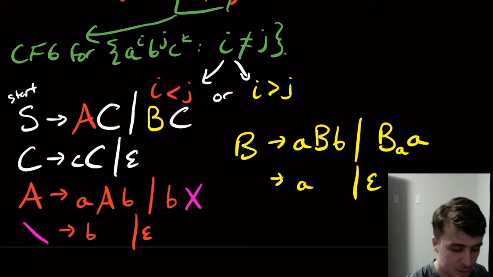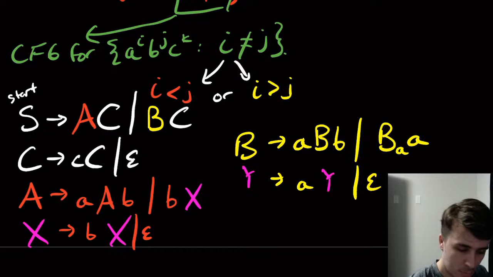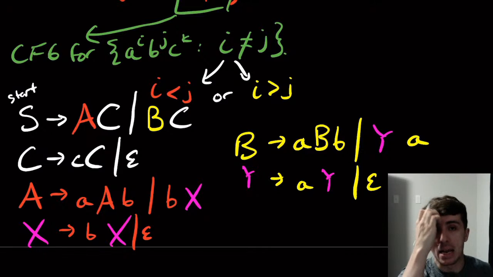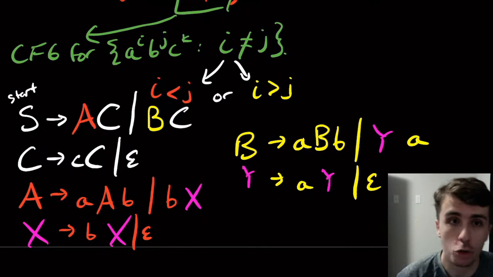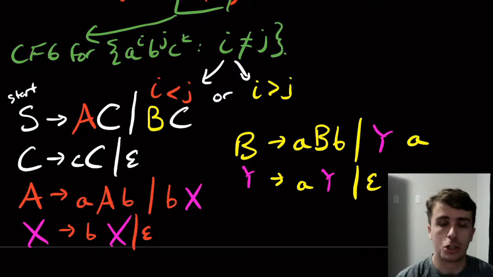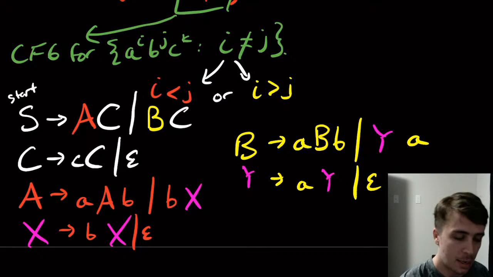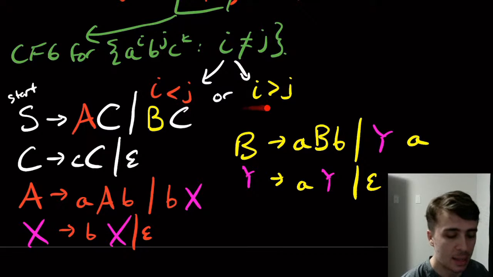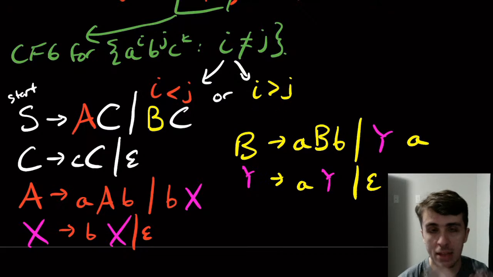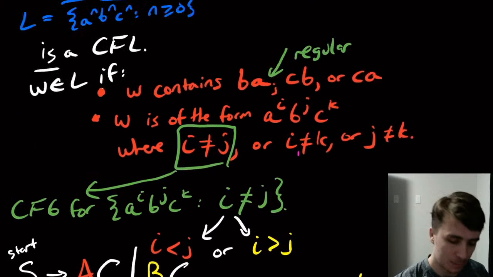So x down here, and then y down here. And so this is a grammar, although not too simple. The key here is to notice that when you have not equal, it's the same thing as saying less than or greater than. And then you just do the union of the two cases.